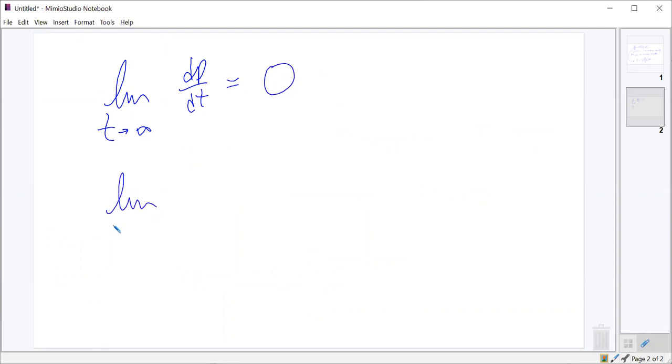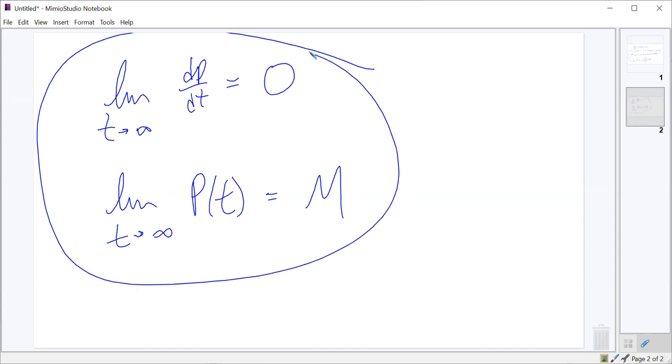And sometimes they'll ask, what's the limit as t approaches infinity of the function itself, P of t? And that limit should always equal whatever your carrying capacity is. So these are two common questions that they like to throw in if they give you a logistic growth equation in the free response, or sometimes in the multiple choice.